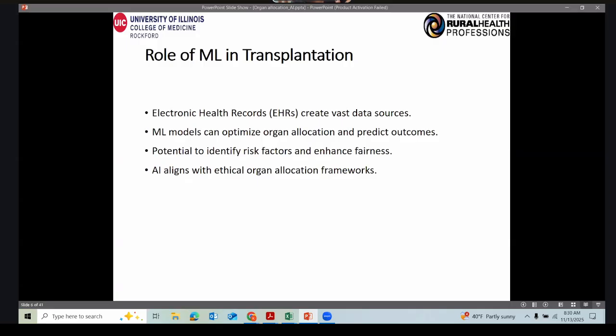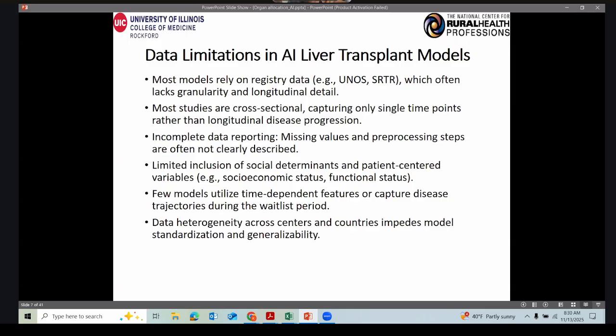So we can conclude overall machine learning offers a promising way to move the current urgency-only model to a more personalized, predictive, and equitable system for organ transplantation. So, for this area, there are some studies developed to overcome the MELD 3.0 limitations.